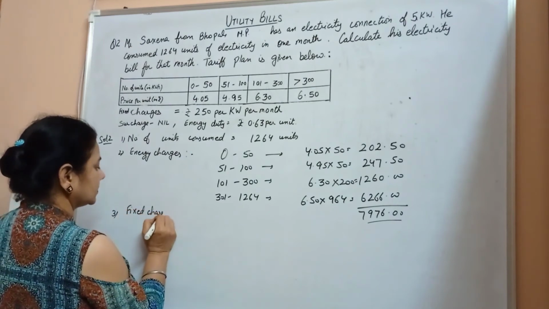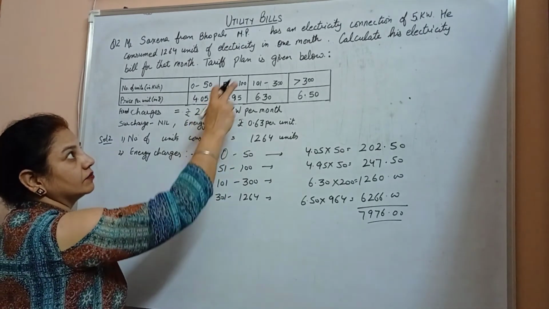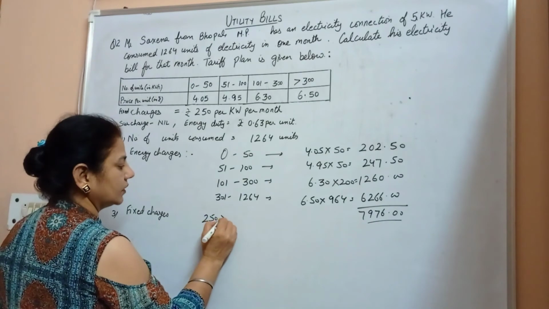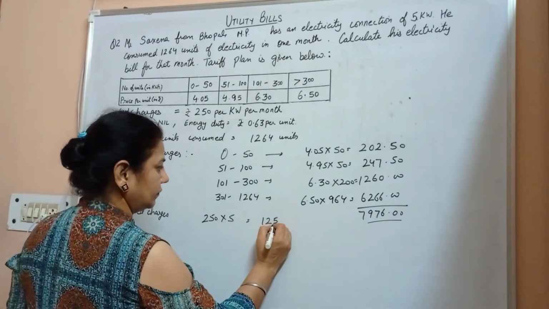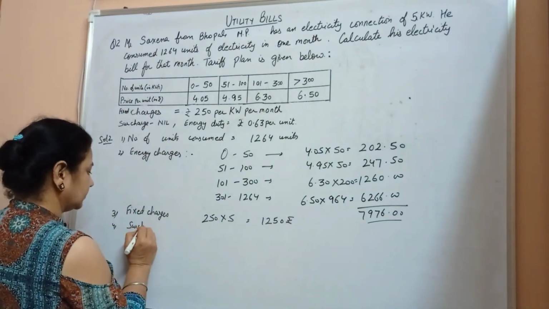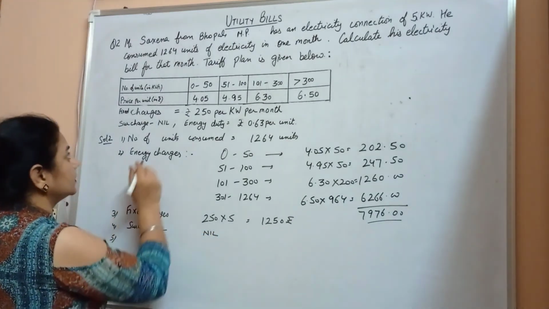Third is fixed charges. Fixed charges is 250 rupees per kilowatt per month, and the connection has 5 kilowatt. So we have 250 into 5, which is equal to 1250 rupees. Surcharge is nil.